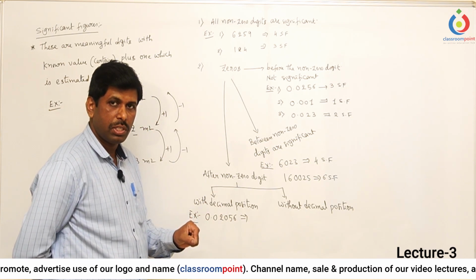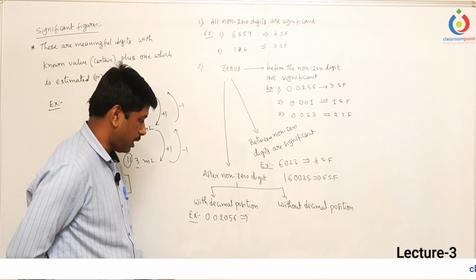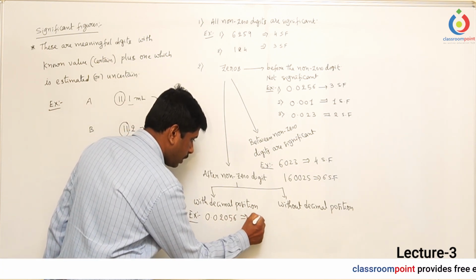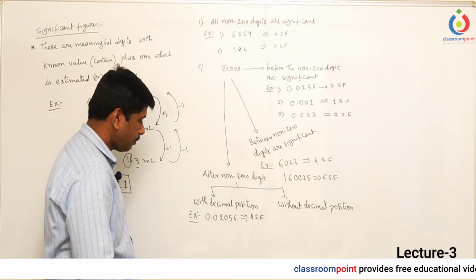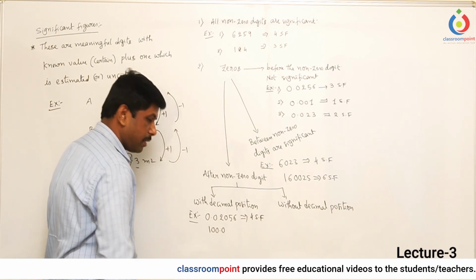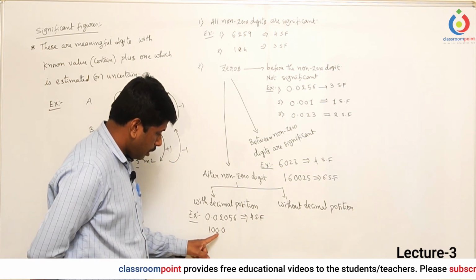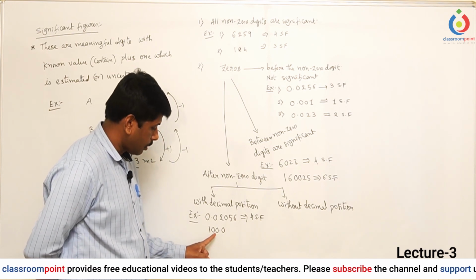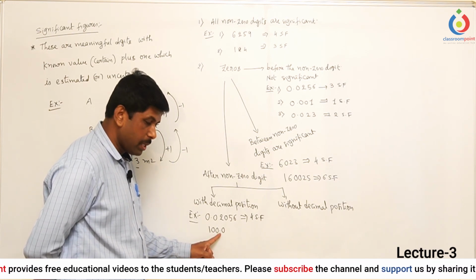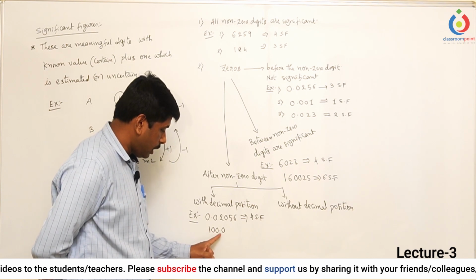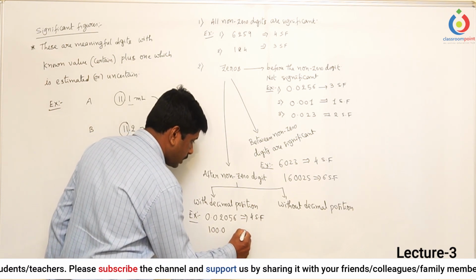But if the decimal position is there, then that has to be significant. Now here 1, 2, 3, 4 are there, so 4 significant figures are present. Next, see 100.0 is there. Here all zeros are coming after the non-zero digit 1, and the decimal position is present. So 1, 2, 3 and this is 4. Totally 4 significant figures are present.